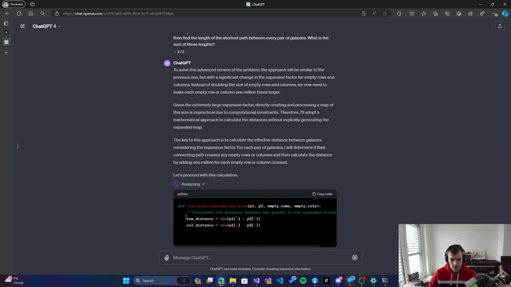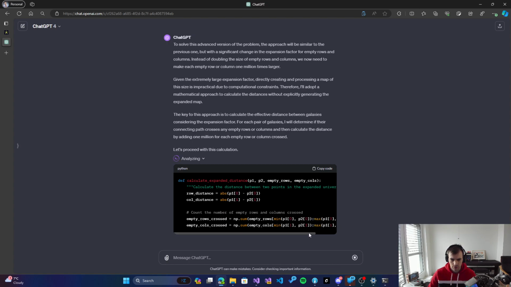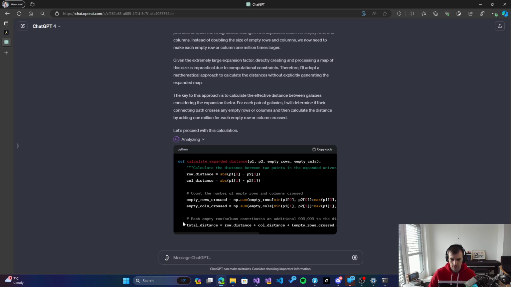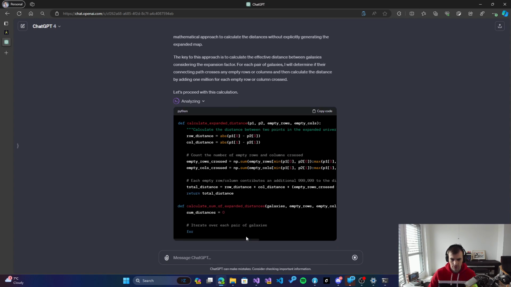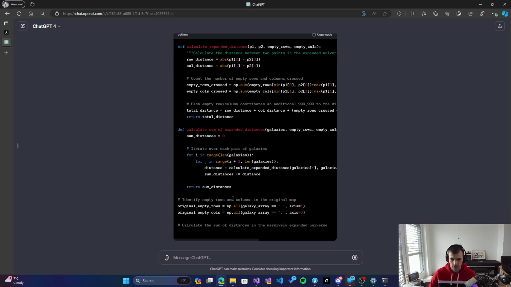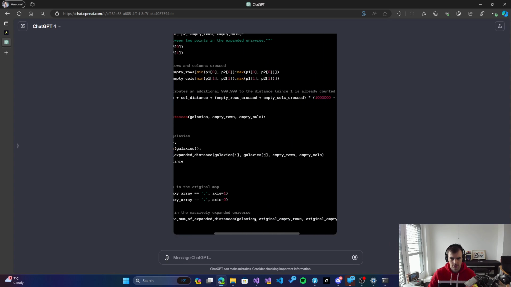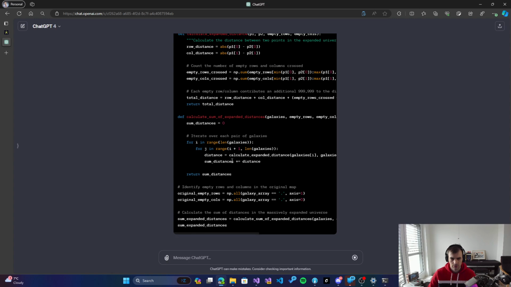So once again, calculating the distance, the sum of empty rows. Yes, this makes complete sense. Yeah, this should be fine. I think this should work, but somehow it gets stuck calculating this.